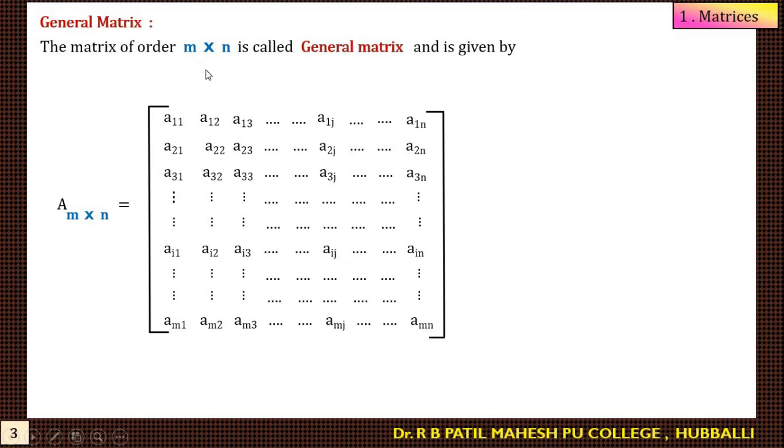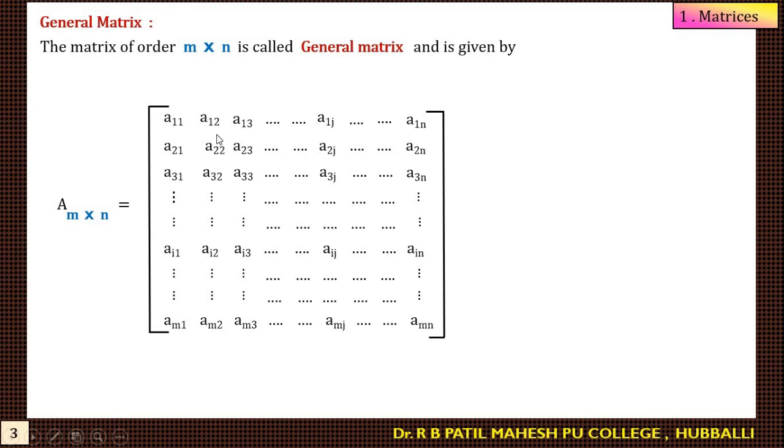Students, if you want to write 2 rows and 3 columns, then only these 6 elements are written. Suppose you want to write 2 cross 2, only these 4 elements are written: first row first column, first row second column, second row first column, second row second column.